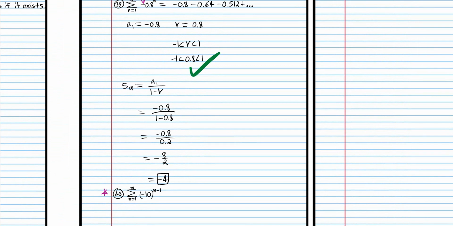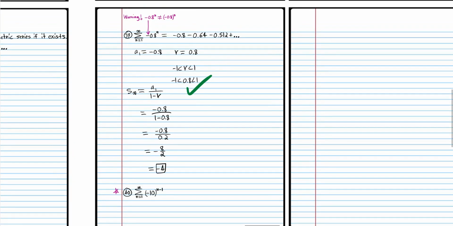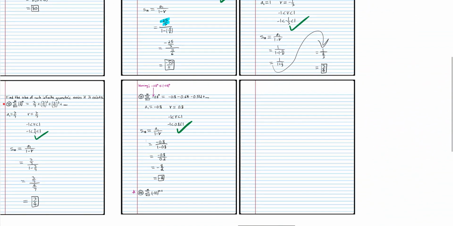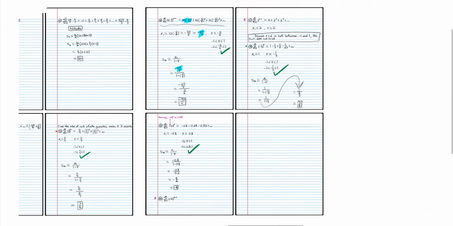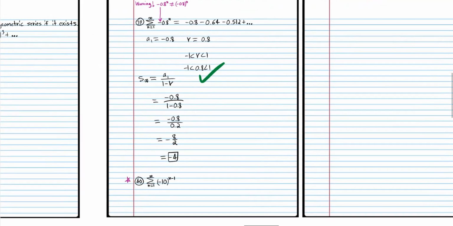So there you go. So if you found that sum, excellent. So go ahead and try number 40. Number 40 has a purple star, so you can tell that something weird is going to happen. So try number 40, and when you come back, we'll do it together.